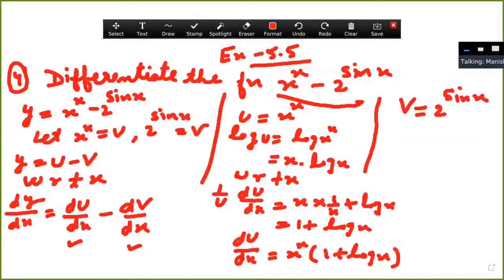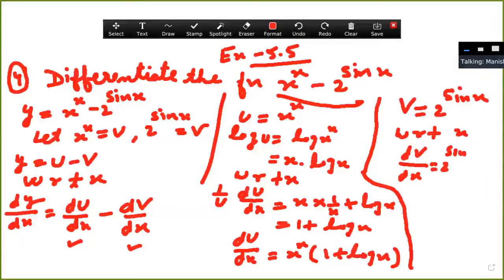Now here you can apply log or you can apply the direct formula. When you differentiate this with respect to x, you will get dv upon dx. That will be equal to 2 to the power sine x into log 2 into derivative of sine x, that is cos x.